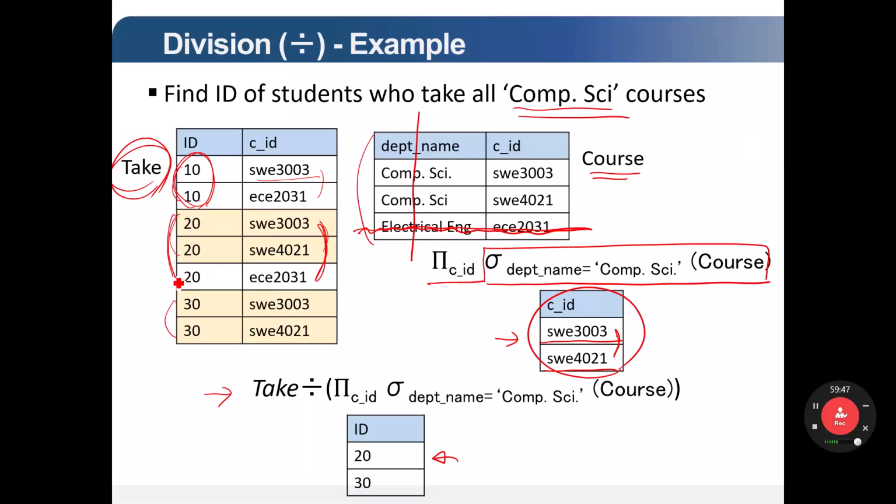But if you look at student 20, he took these two courses and additional courses. So student 20 satisfies this division condition, and he will be put into this output table. Similarly, student 30 took these two courses, so he will be put into this output table.